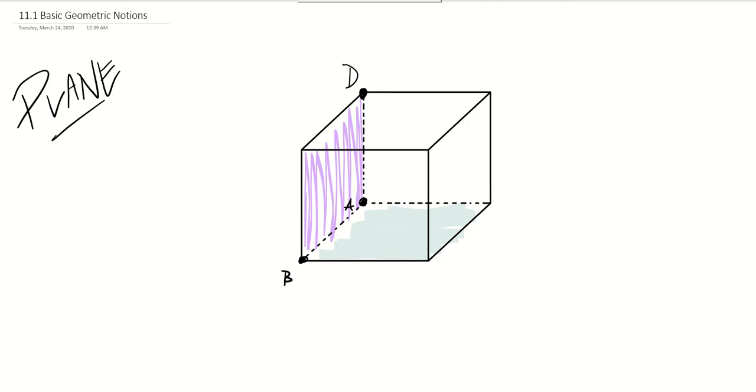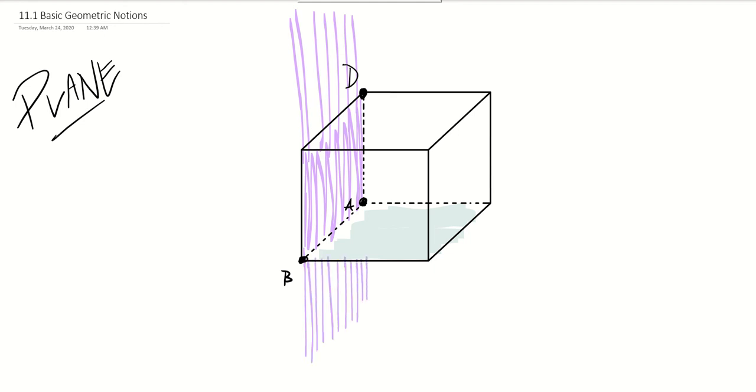So this side, I can extend these lines. And I'm trying not to shade through the box so that you can see that it's not part of that gray shaded area. And then it would just continue out through here.